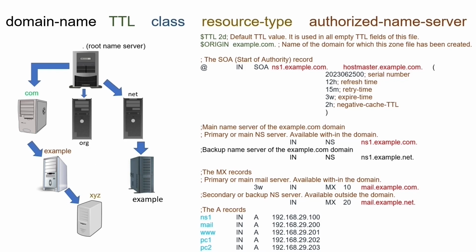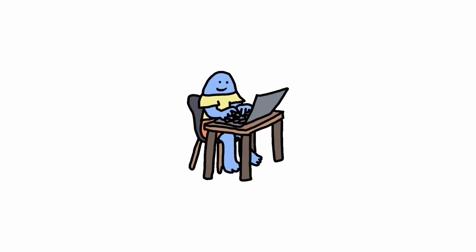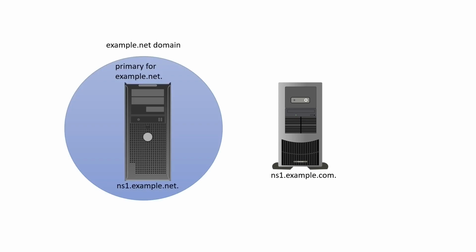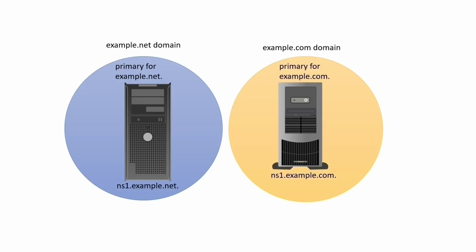To authorize this name server for the example domain, we need to configure this name server as the slave name server for this domain. A name server can act as a primary name server for one domain and a backup name server for another domain at the same time. This flexibility allows administrators to use existing name servers to configure backup name servers for other name servers. Let's take an example. Suppose we have 2 primary name servers, ns1.example.com and ns1.example.net, for the domains example.com and example.net.